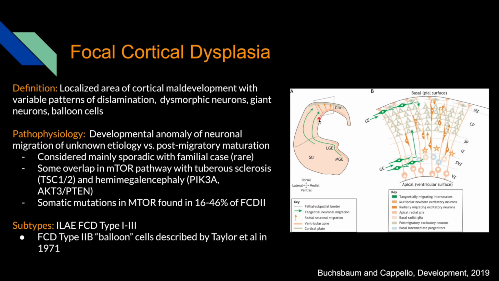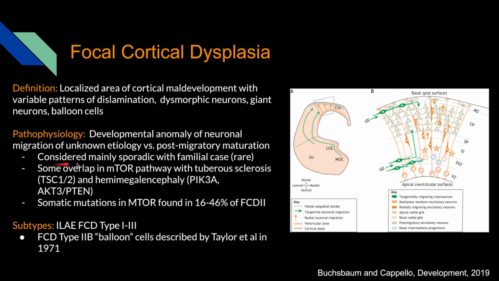As we saw, neural migration is carried out by radially migrating pyramidal cells and tangentially migrating GABAergic cells, and defects in this process are thought to lead to a number of developmental disorders that we discussed, and one of them is cortical dysplasia. This is a much more focal abnormality, so it seems that there's a focal mutation, as we'll see, that may cause a very localized abnormality.